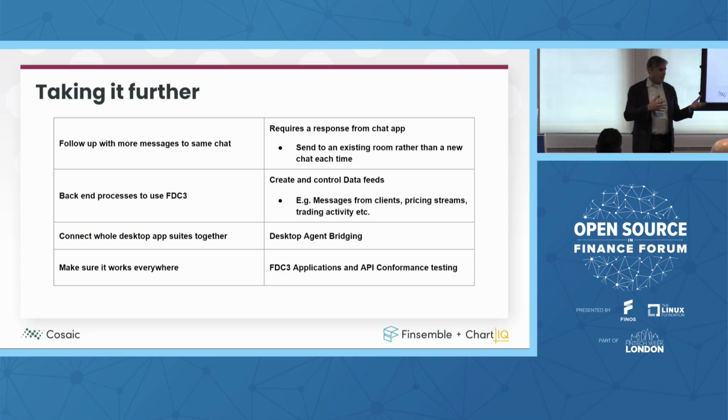We need to know that when the desktop agents say this is an FDC3 desktop agent, we need to validate that it's passing the intents correctly, that it's sending the intents correctly to create an action, that it's passing the context data correctly. So it needs to pass this information, and the app's the same thing. This is going to require some work. Rob was talking about it this morning as well.